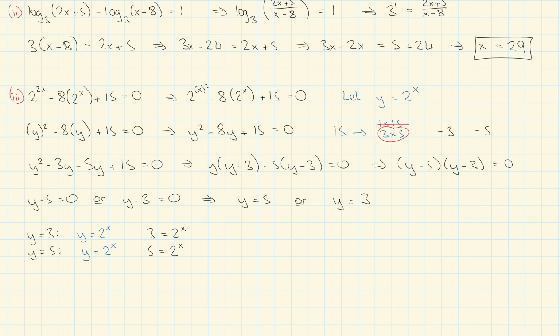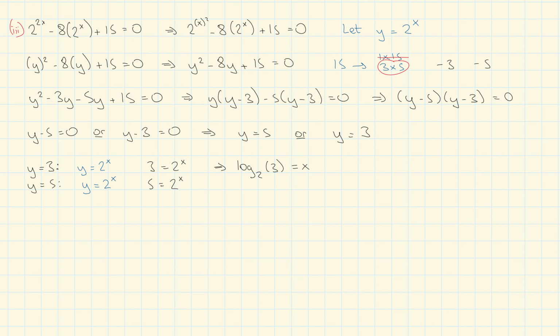So that's where we use log notation. So we get log to the base 2 of 3 equals x, and we just put that into our calculator. So log to the base 2 of 3, we have x equals, and you'll get back quite a long number. So always write out the number in full before rounding.